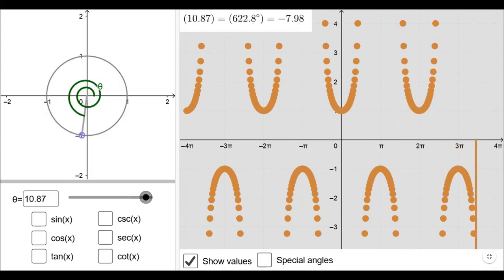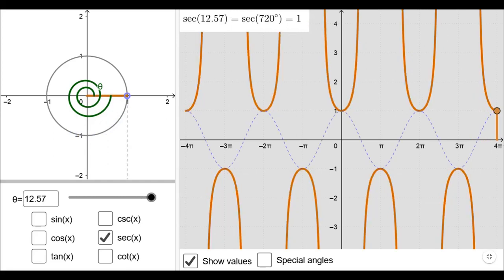Like this it continues till infinity. It will not stop here, it will continue like that, and the graph of the sec function will be like this. And last, let us analyze the graph of the cot function.